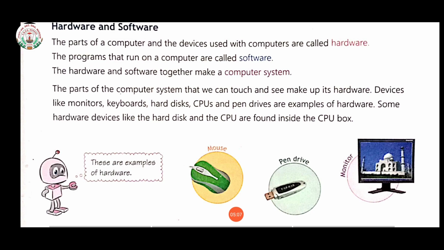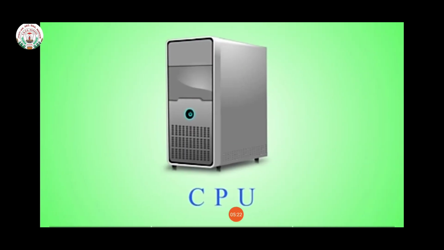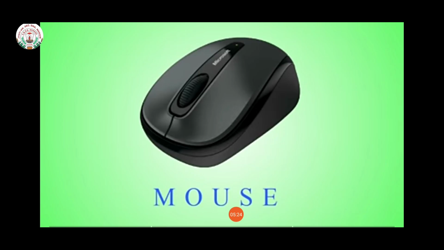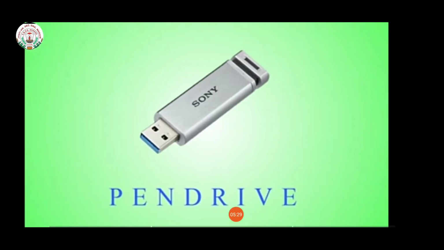Some hardware devices like the hard disk and the CPU are found inside the CPU box. Monitor, keyboard, CPU, mouse are examples of hardware devices. Okay.